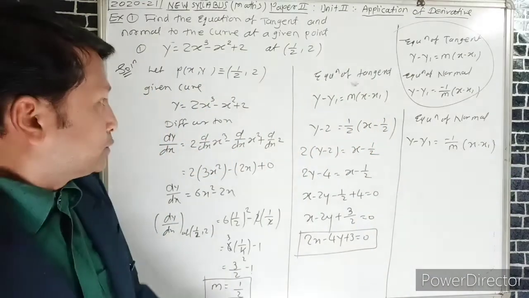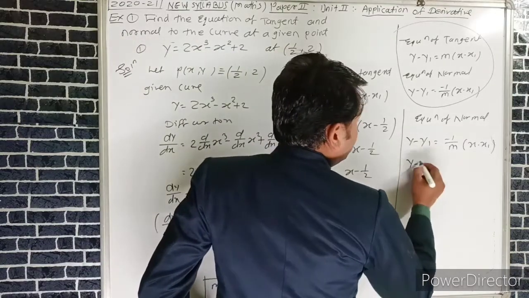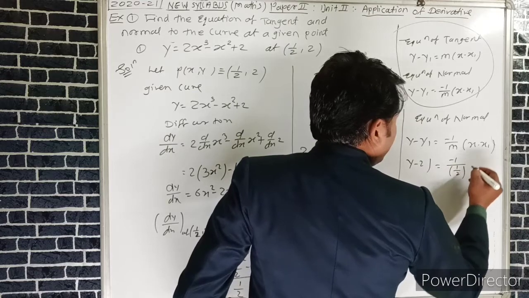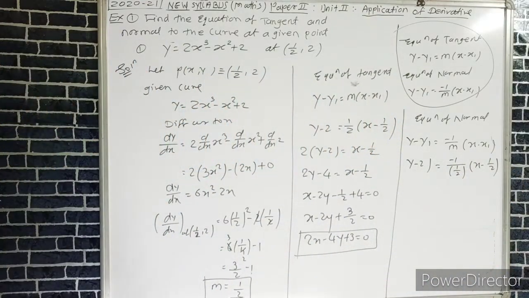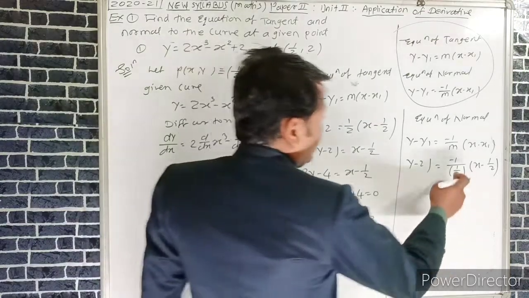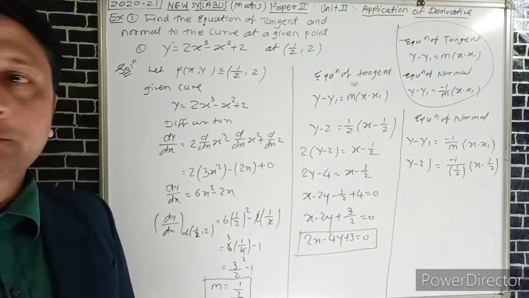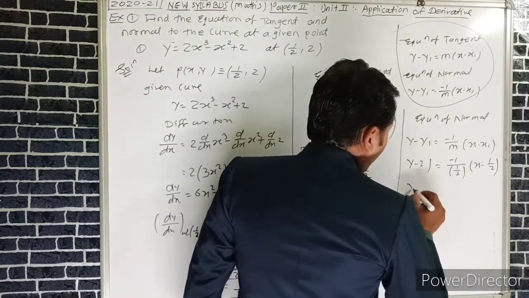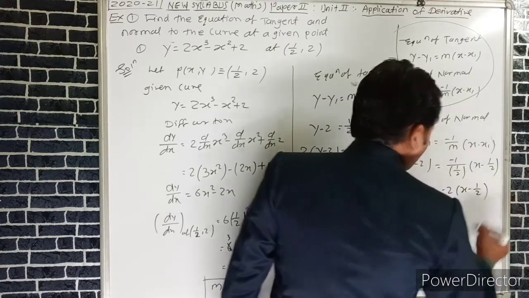The slope of tangent is 1 by 2 and the coordinate of y is 2, so minus 1 upon 1 by 2 into x minus the coordinate of x, which is 1 by 2. Here if we shift this 2 to the numerator, we can write y minus 2 is equals to minus 2 into (x minus 1 by 2).